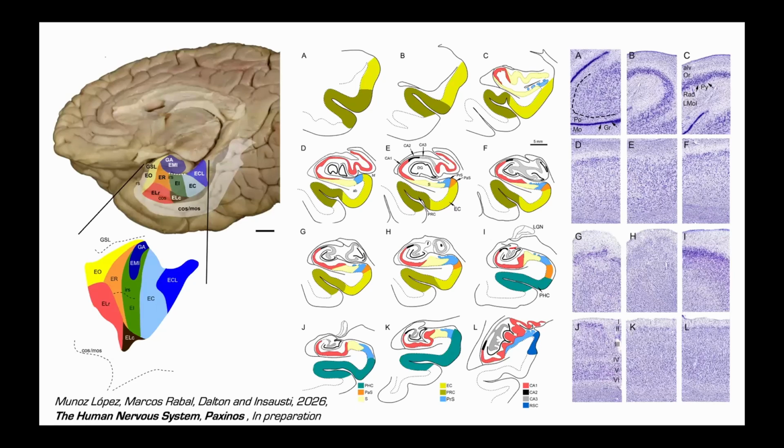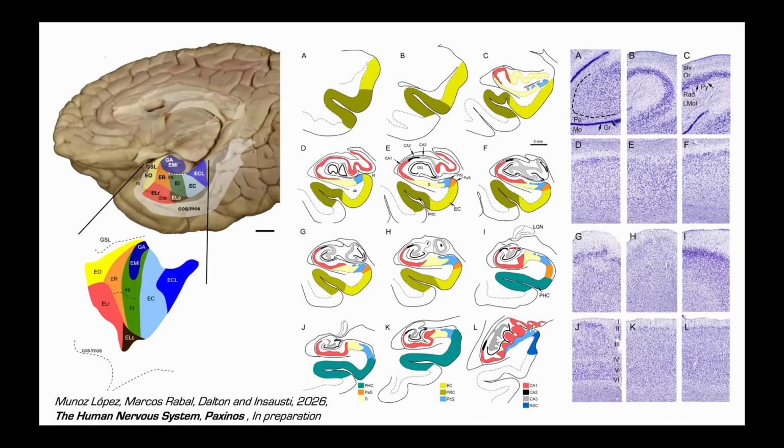This is just an image showing the divisions that Menno was showing earlier and all the work that went into it. The divisions of the entorhinal cortex, and he had this method of unfolding the cortex into two-dimensional maps, and you can see here in colors all the subdivisions of the entorhinal cortex in humans.